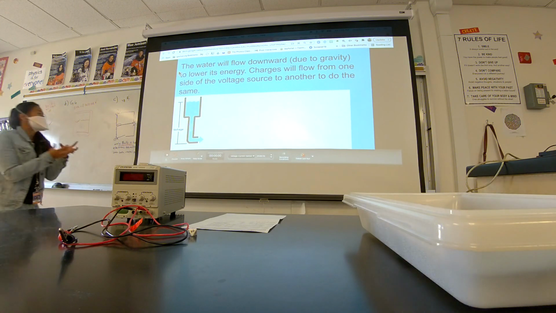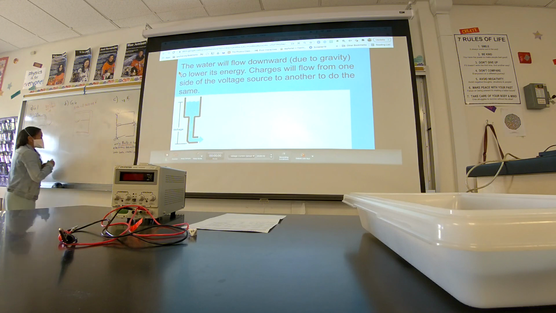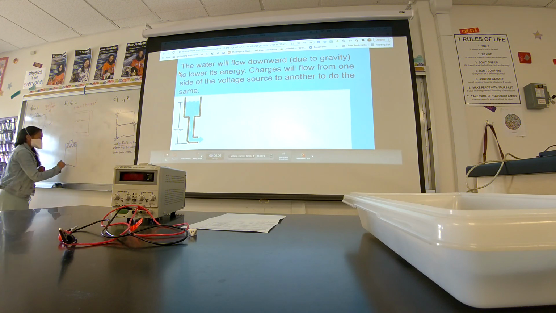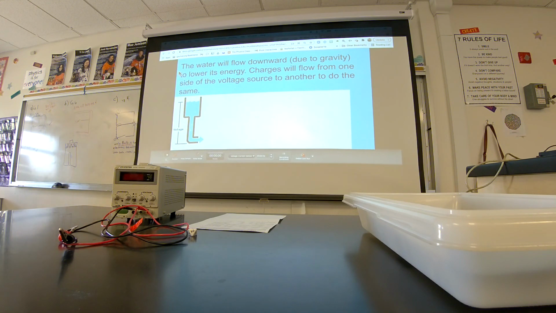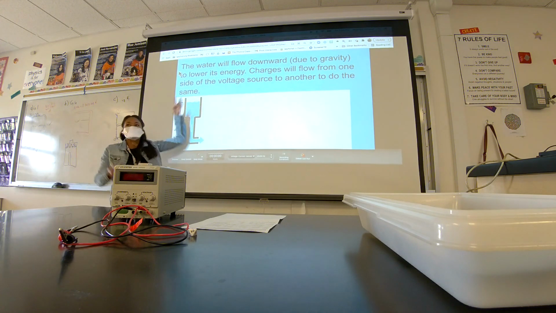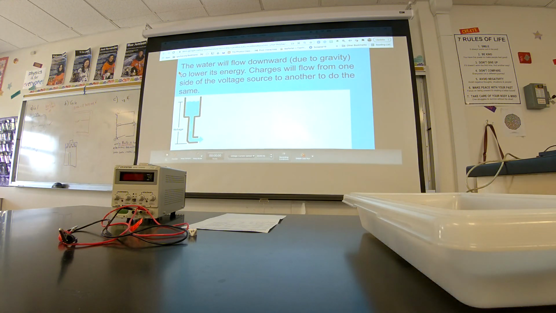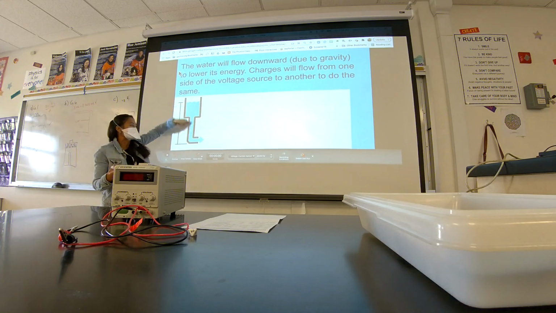So you've got, for example, a battery, and I'm just going to draw it this way because it matches the image that I have here, that stores tons of electrons at the positive side, and then it has this area that wants to gain electrons, but it can't gain electrons unless there's a pathway. This is like the positive side of your battery. It stores all the electrons together, but those electrons want to repel, just like this water wants to move down the pipe.